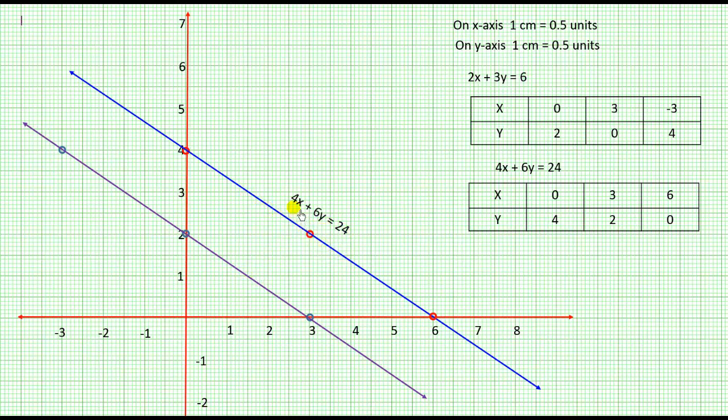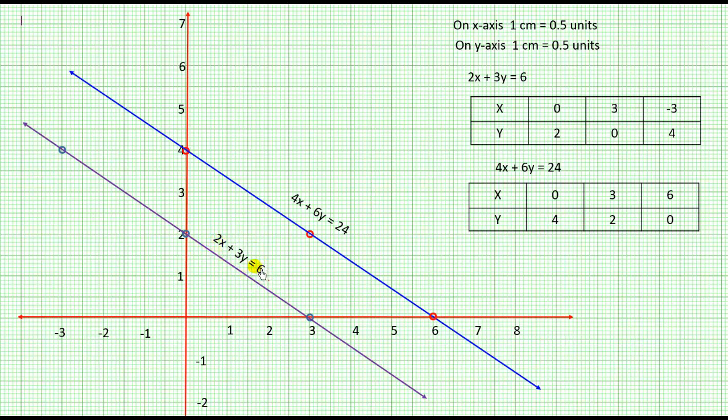This line is the graph of equation 4x plus 6y is equal to 24, and this line is the graph of equation 2x plus 3y is equal to 6.